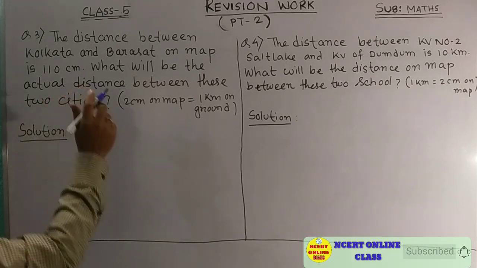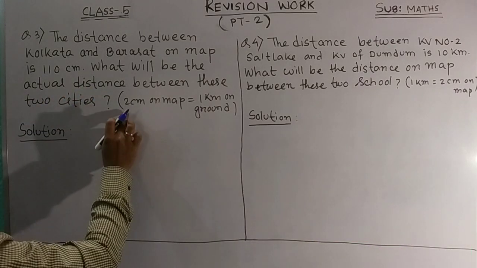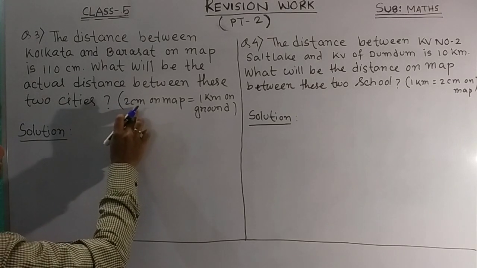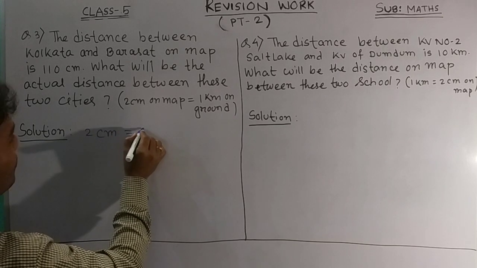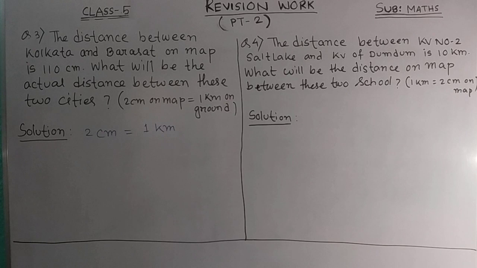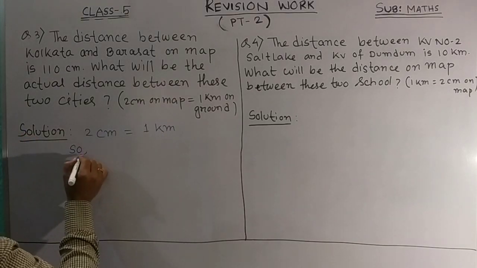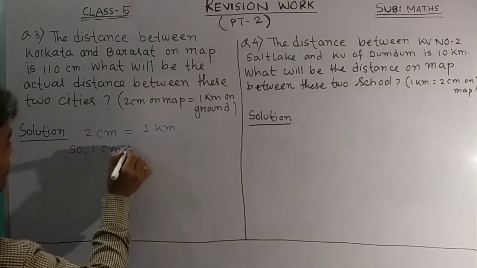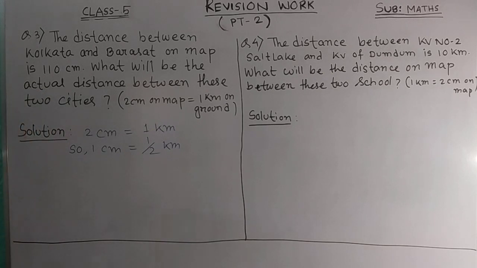At first we have to see what we need to do and what is given in the question. 2 centimeters equal to 1 km, it is given. Okay, then we have to find out. So 1 centimeter equals half kilometer.